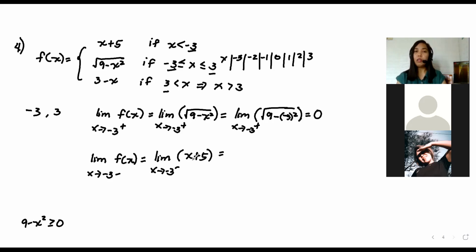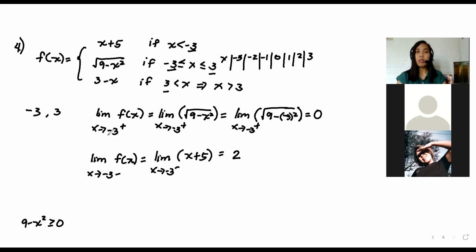So again, this is a polynomial function. This is a linear function. Okay, so we will just do direct substitution. So therefore, we will have negative 3 plus 5. The answer is 2. So the limit of f of x as x approaches negative 3 from the left is 2. Okay?